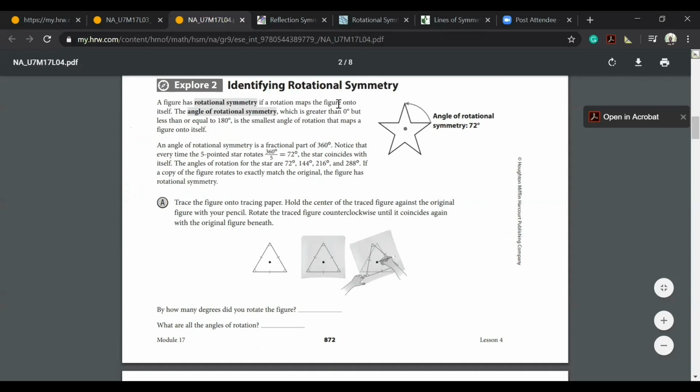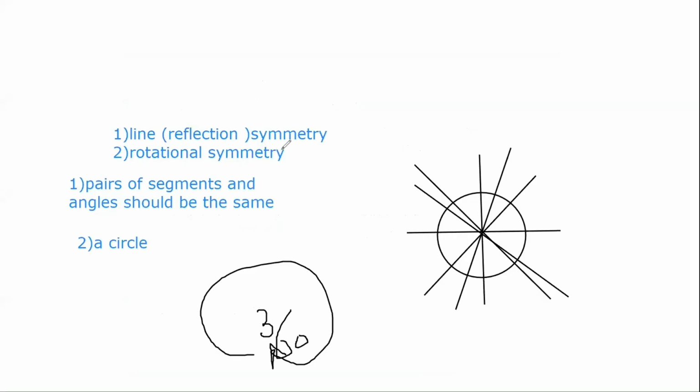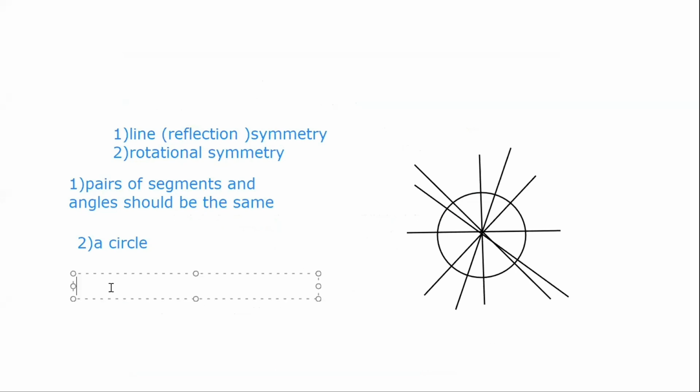So what you are going to do, very easily, is divide 360 by 5. Let's open the calculators. 360 divided by 5. The answer is 72. So my rotational symmetry is starting at 72. So my angle is 72.